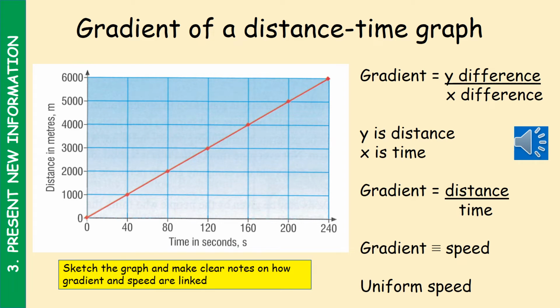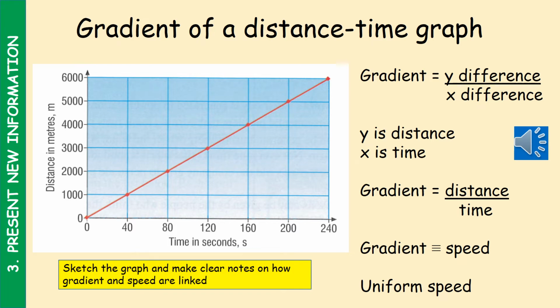At 80 seconds, it's 2000 along the road. So we've got a period of time there of 40 seconds during which the car has travelled 1000 meters. So the y difference would be 1000, the x difference would be 40, so we'd need to do 1000 divided by 40, and that will give us 25.